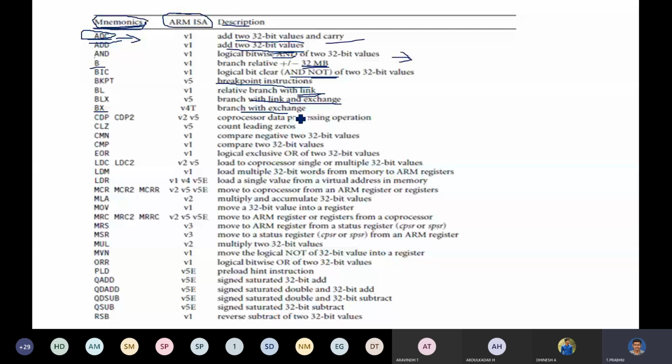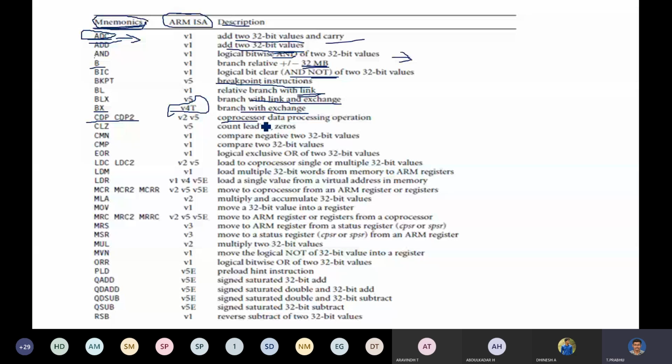For version 4T. And CDP is a co-processor data processing operation, and then CLZ is count leading zeros, and then CMN, which is comparing two negative values. So CMN stands for comparing two negative, and CMP is compare, which is normal comparison.